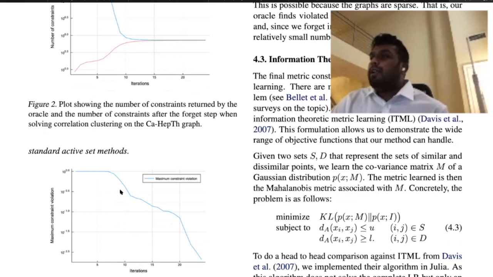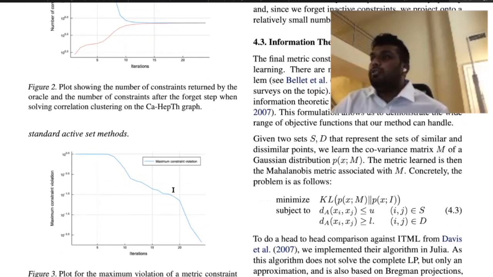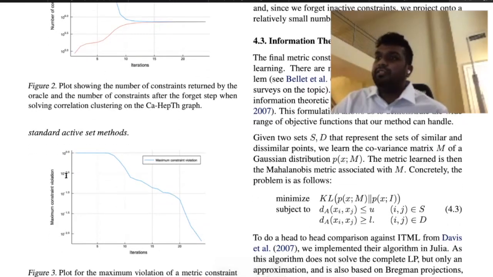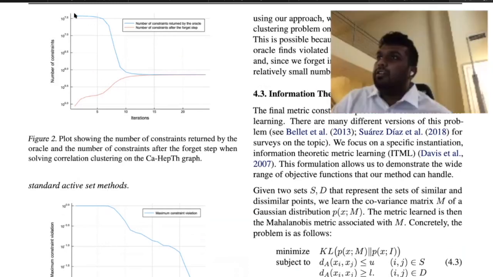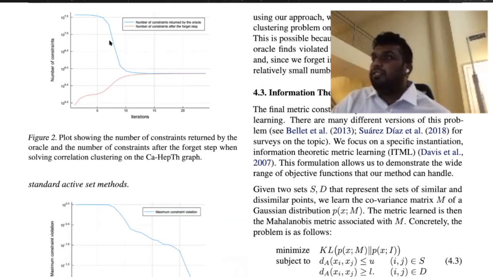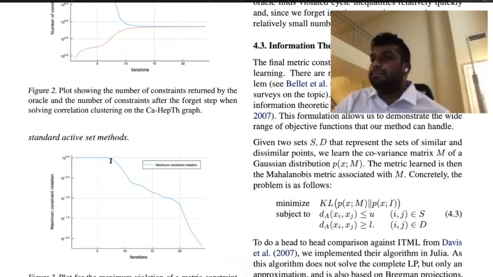And if you plot for the same one your maximum violated constraint, on a log-linear plot, at the very beginning, where the number of constraints being found is not dropping, your violation is also not really dropping. Once the number of constraints being found drops to where your active constraints are, your violation also starts decreasing.